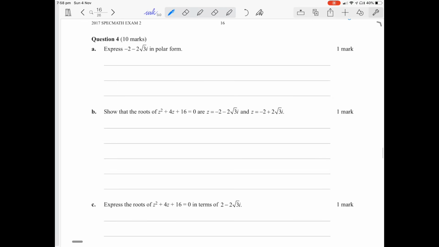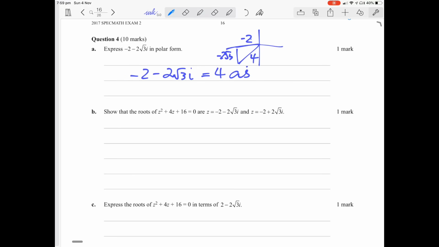Okay, express that in polar form. Negative 2 minus 2 root 3. Square that, you're going to get 4. Square that, you're going to get 4 times 3, which is 12, 16. So that's going to be 4. So negative 2 minus 2 root 3i is equal to 4 cis.